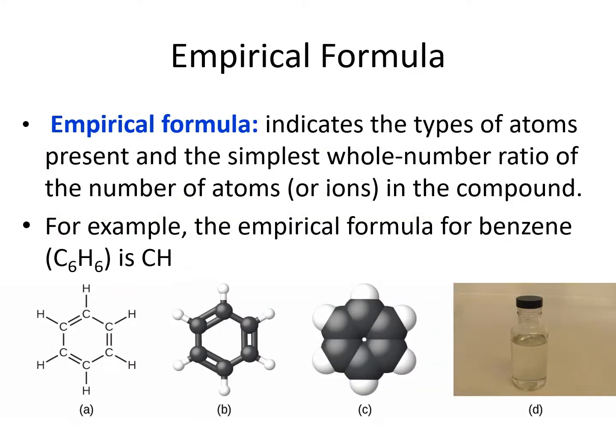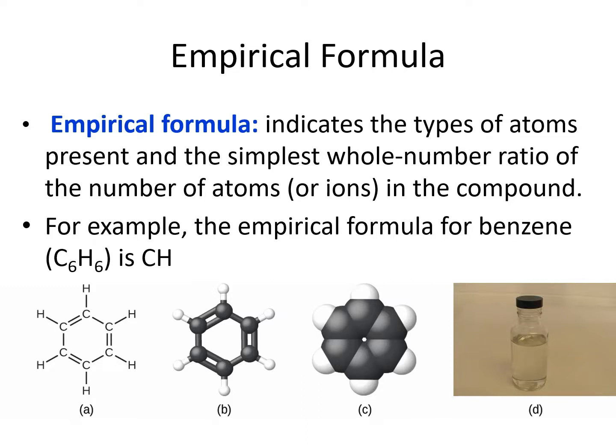We've looked at molecular formula, structural formula, ball and stick model, and space-filling model. We have one more type of formula to talk about, and that is empirical formula. Empirical formula is more of a mathematical concept. It is a representation of the lowest whole number ratio of the elements in a molecule or compound.